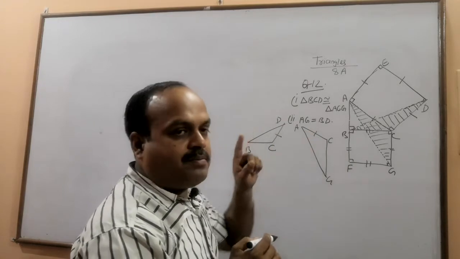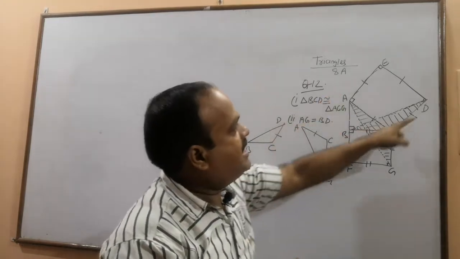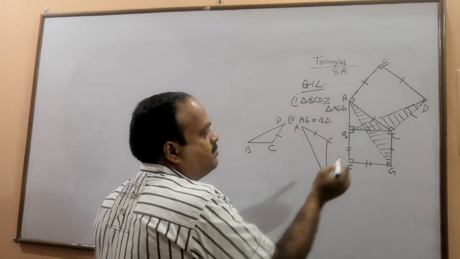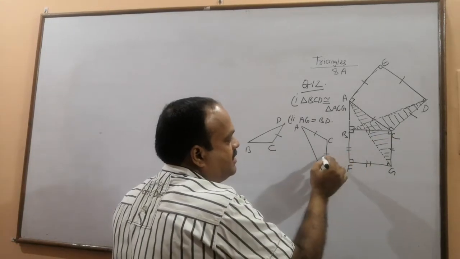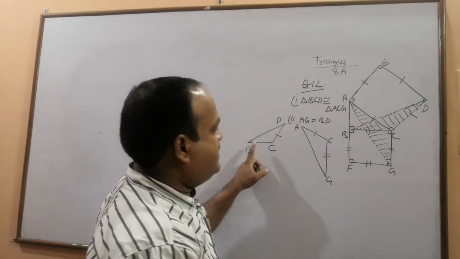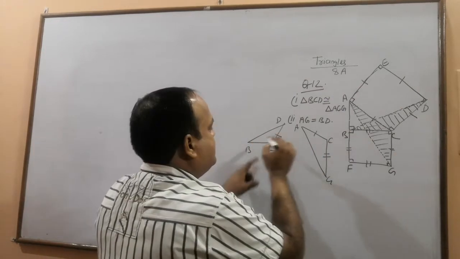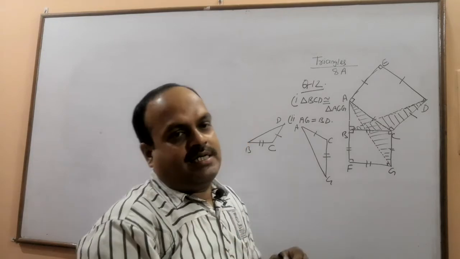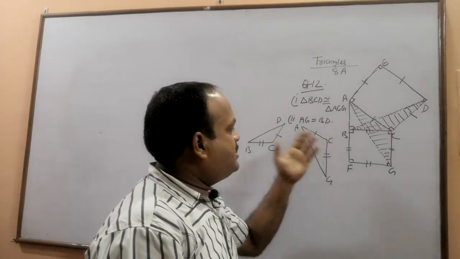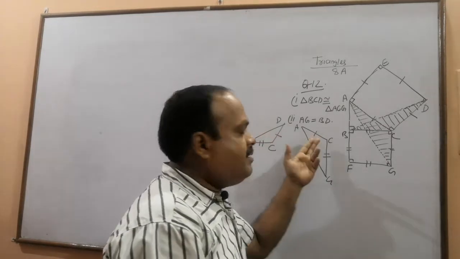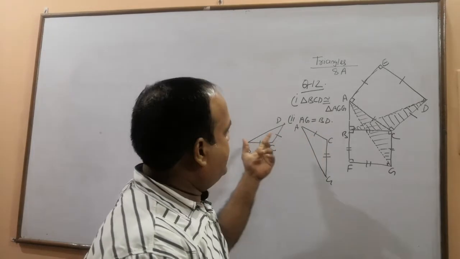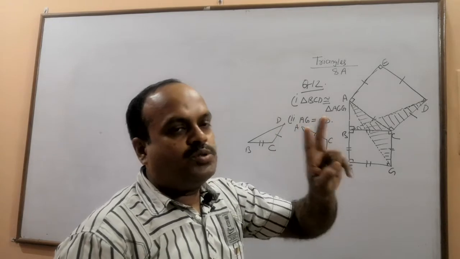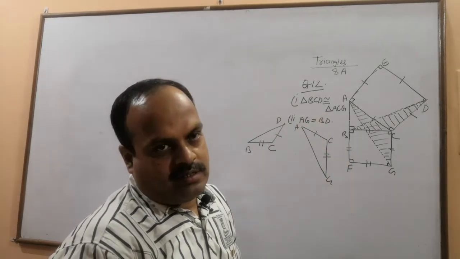These are the sides of ACD, so they are equal in length. Now come to CG and this BC, they are also equal. So very easily we can see that these two triangles have their two sides equal.